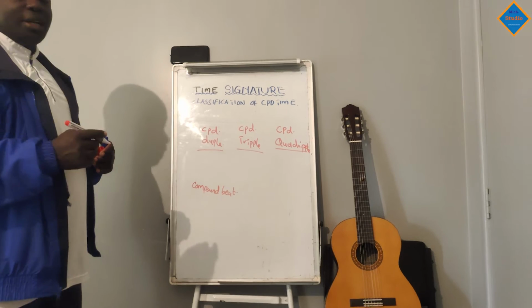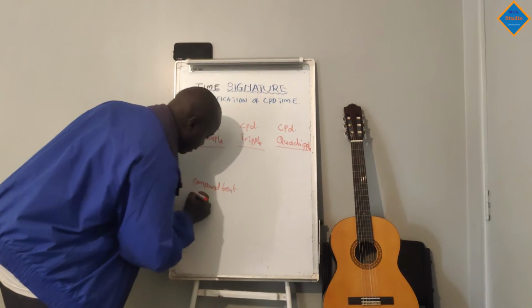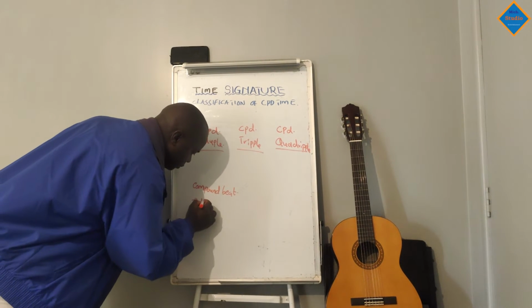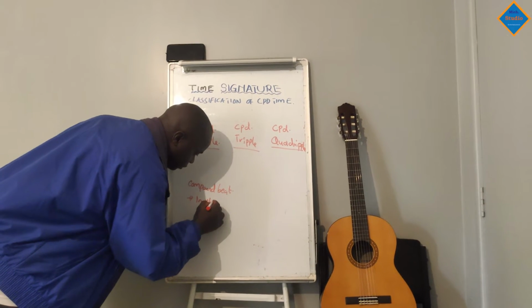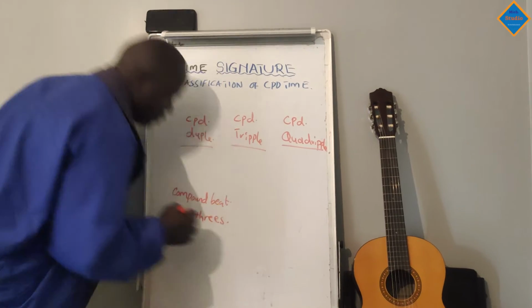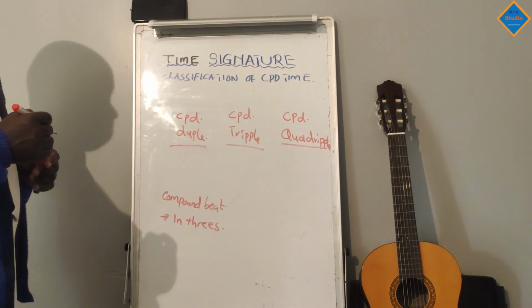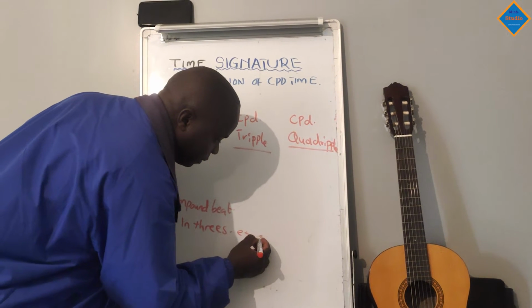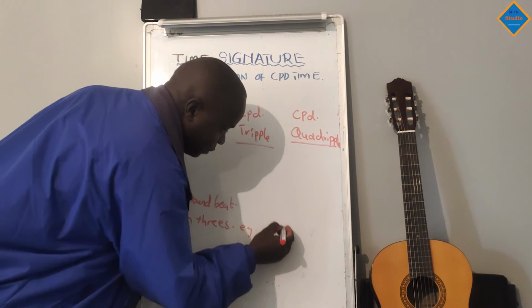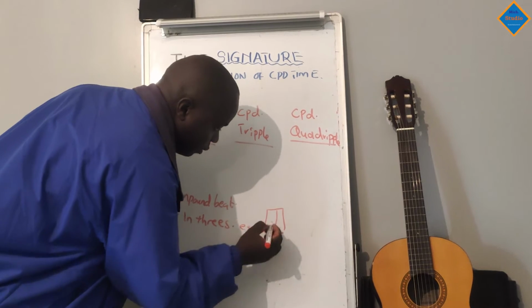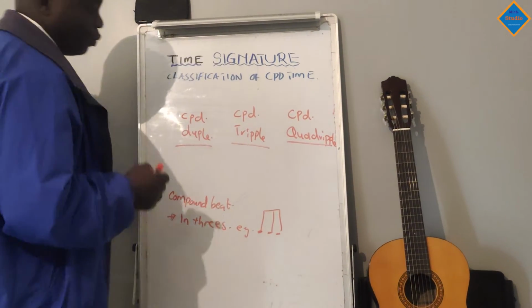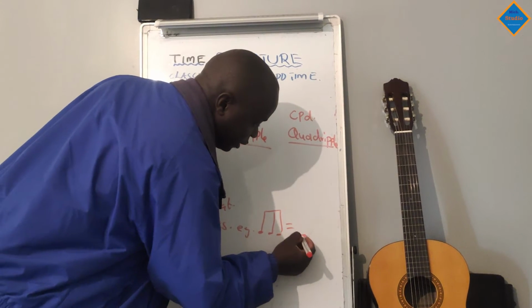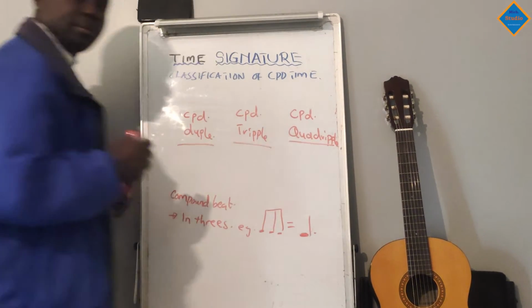In compound time signature, there is a tendency of the notes being grouped in threes. For example, you find the quavers grouped in threes, which amount to the value of a dotted crotchet.